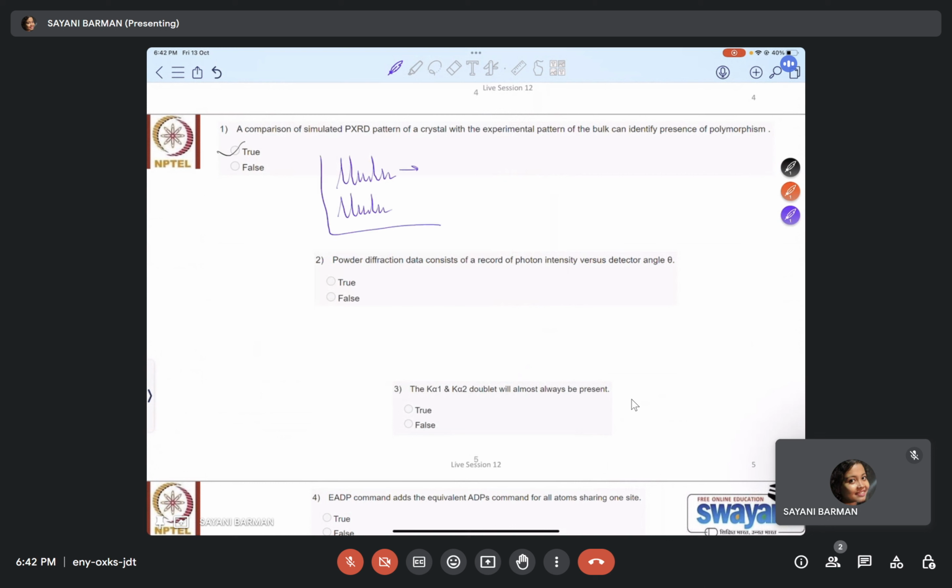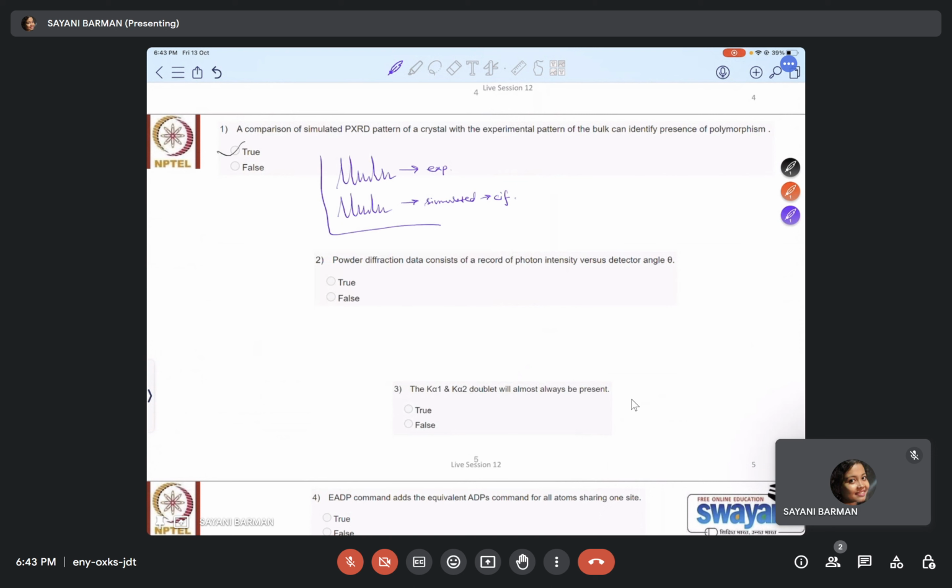This is experimental, this is simulated. Simulated means obtained from the CIF files. From where will we get the CIF files? CIF files we get from the single crystal XRD. When we solve the crystal structure using maybe the OLEX software, from the result file we generate the CIF file, the crystallographic information file.